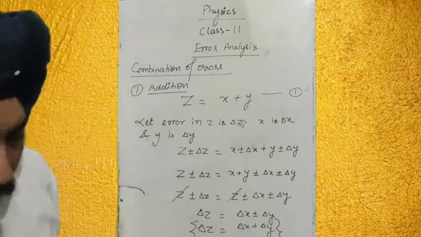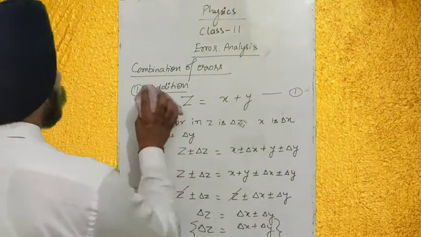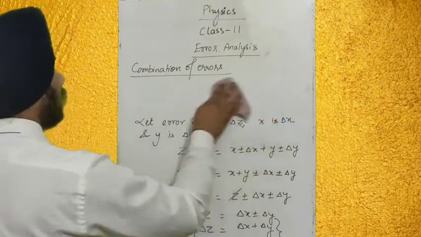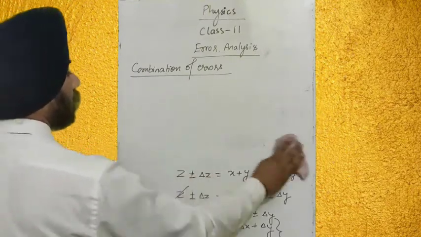For example, I'm going to write one numerical here for the combination of error.